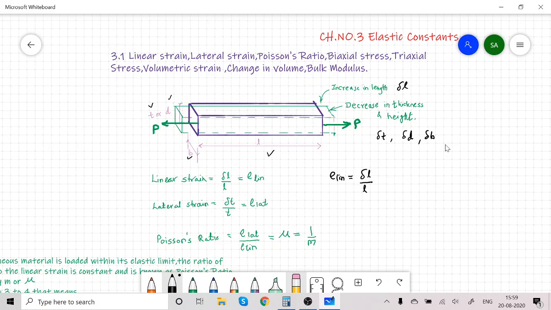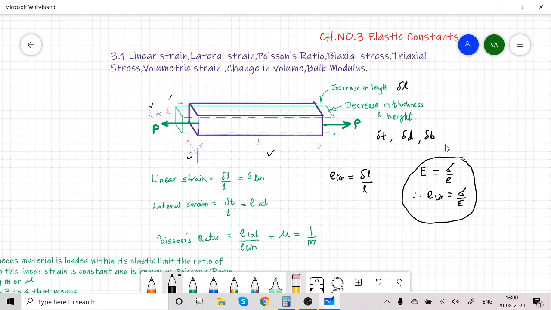Now, according to Hooke's law, we know that modulus of elasticity E is stress upon strain, sigma upon strain. Then in this case, we can write E linear is equal to sigma upon E. Just remember this equation.